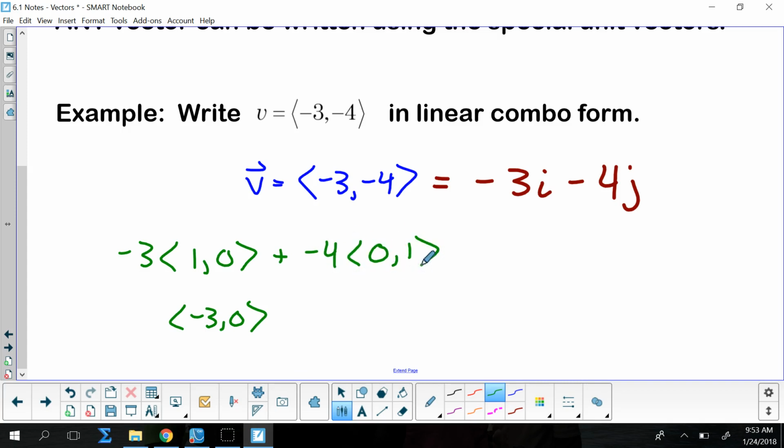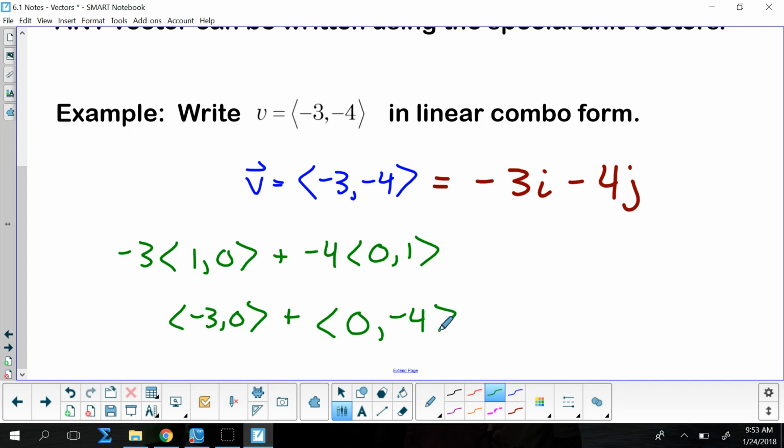So that's going to be 0, -4. If I add those 2 vectors together, I add the x components, -3. I add the y components, -4. And it gives me that vector. Okay?